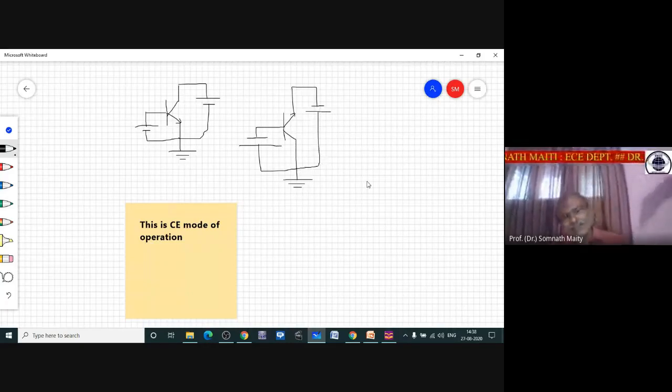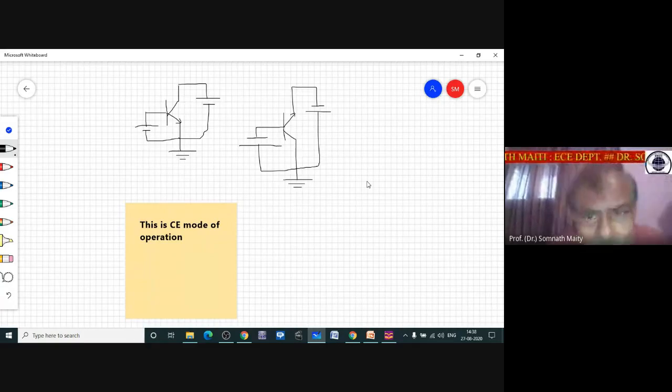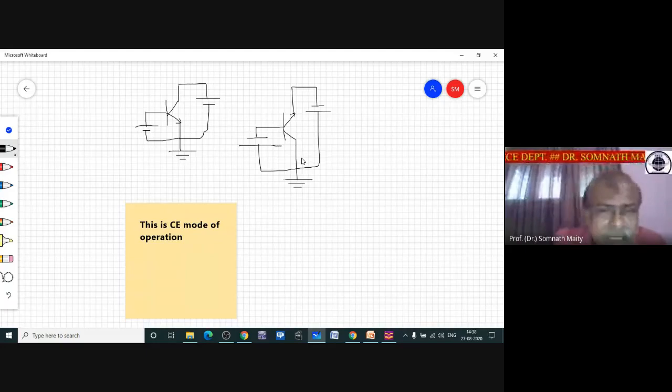See the difference. If you remember which terminal is grounded and which junction should be forward and which junction should be reverse, then you will be able to draw the common emitter mode circuit, common base mode circuit and common collector mode circuit. Have you understood this?